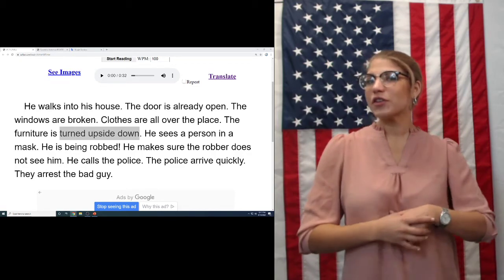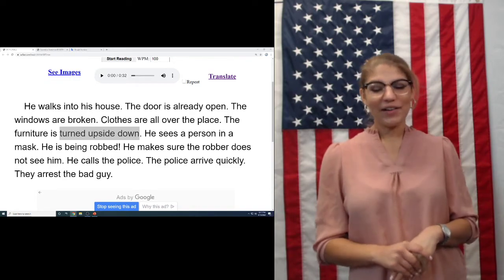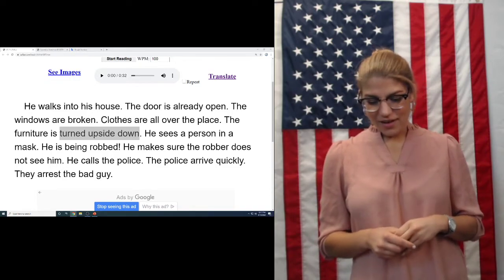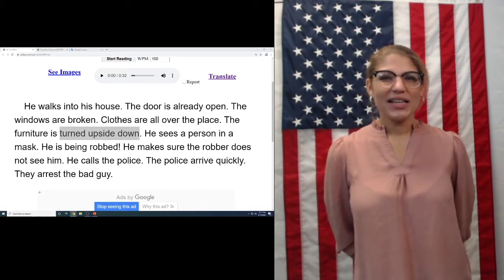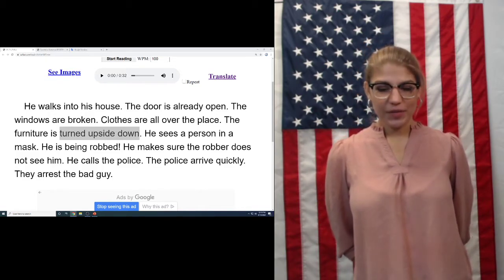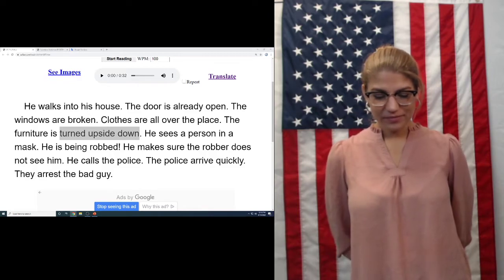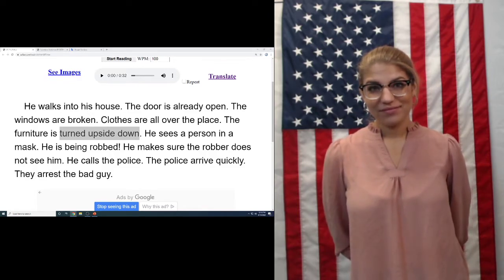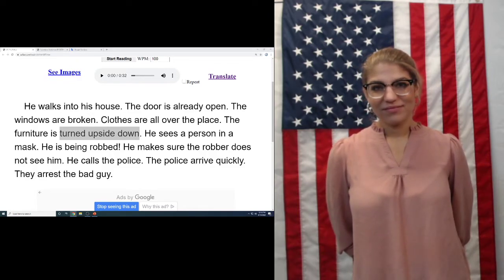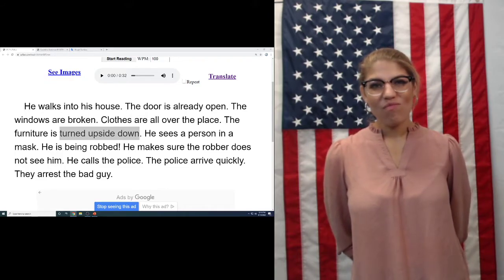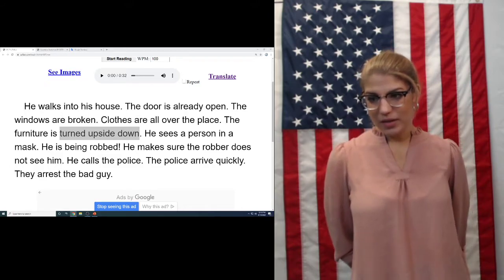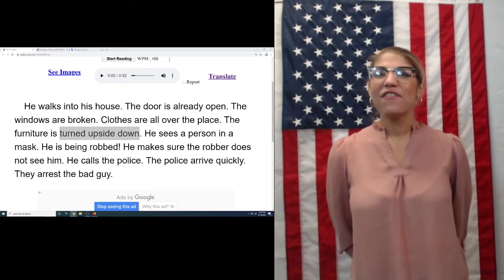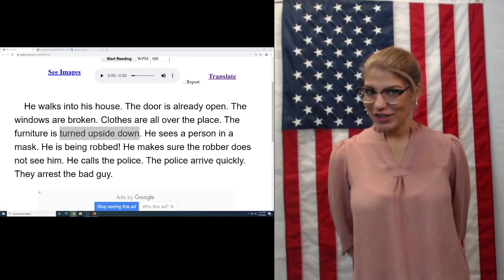Let's look for some furniture that is turned upside down. Miss Brenda or Miss Maria, what is furniture? Furniture. What is furniture?